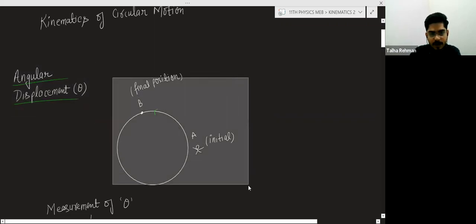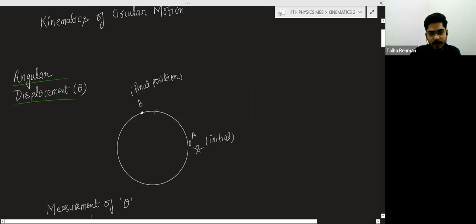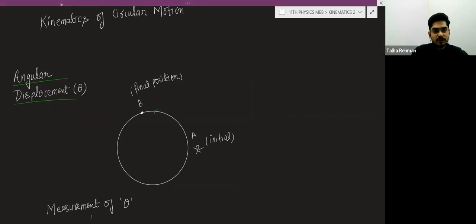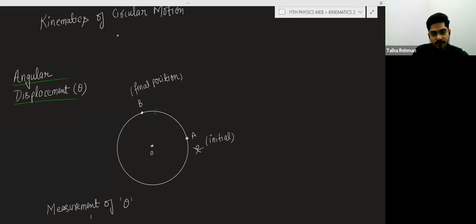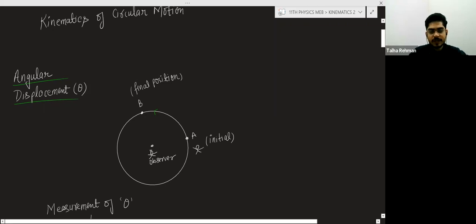So, this is a circular path, and this is a person. Suppose this person started the motion from this point A, and this is the center of the circle, and you are watching this motion. This is the observer. This is you, watching the motion of this person.